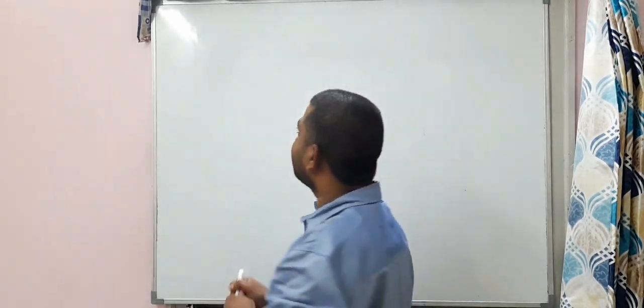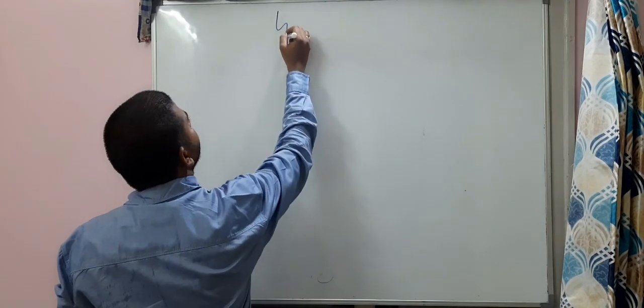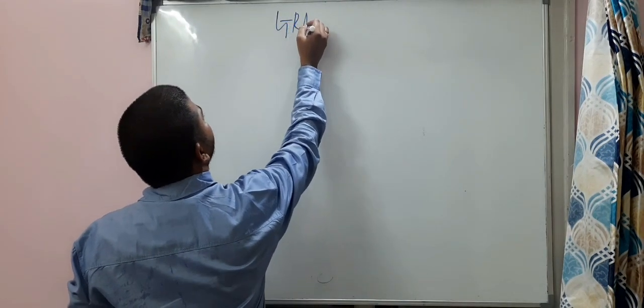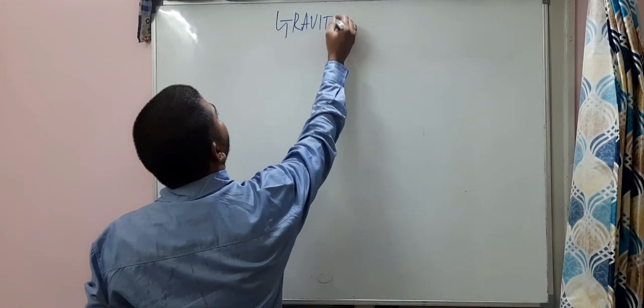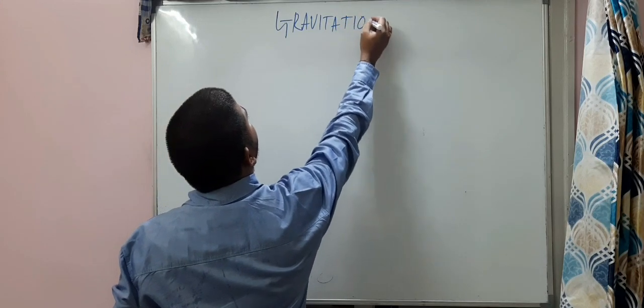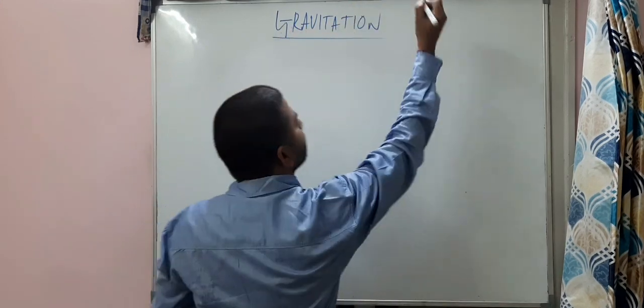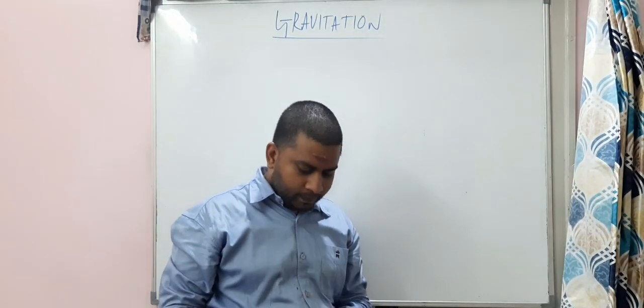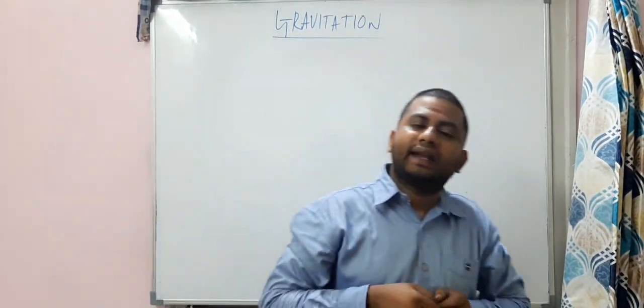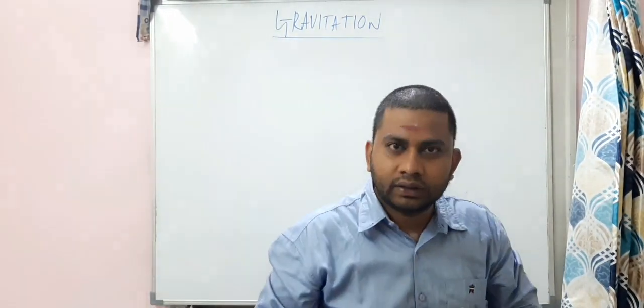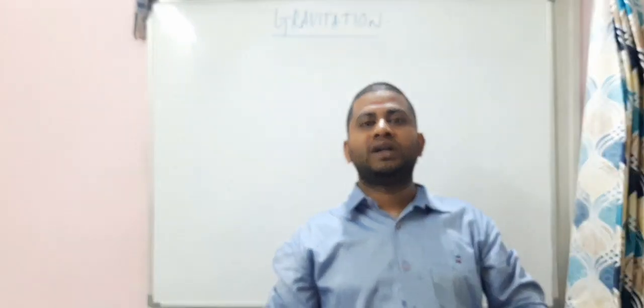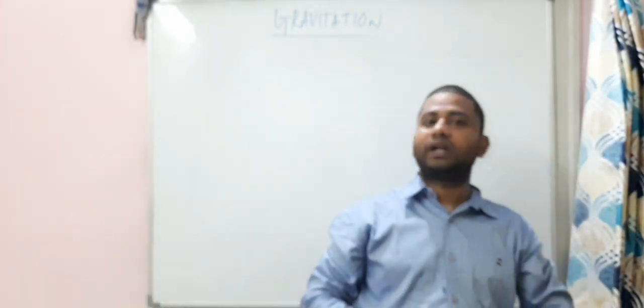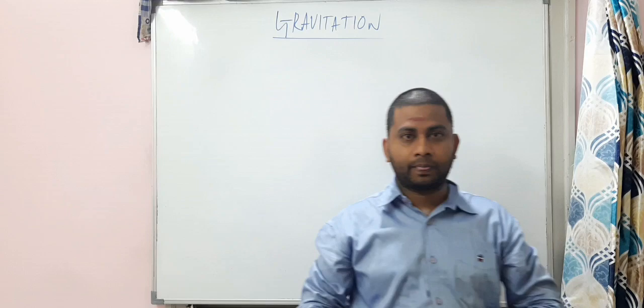Let's continue with the new chapter called Gravitation. What I have told you already is that after the work, energy, and power chapter, there is a chapter called System of Particles and Rotatory Motion, my dear students.